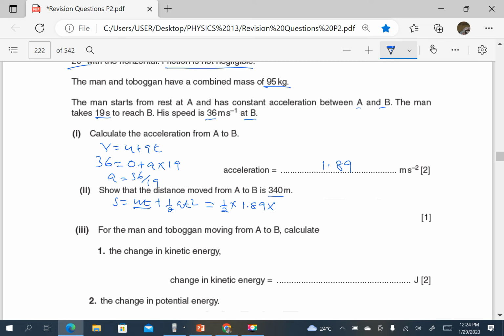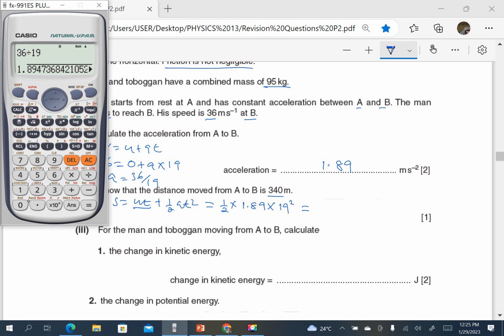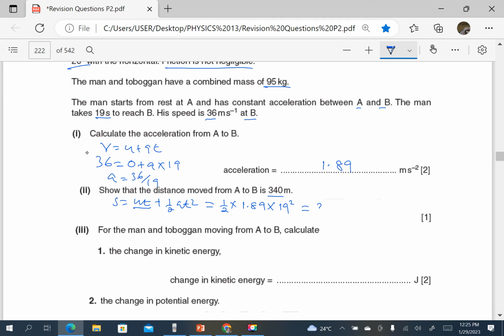The time it is taking is 19 seconds, so it is 19 squared. So I'll have 0.5 times 1.89, then times 19 squared. That is 341, which is approximately 340 meters.